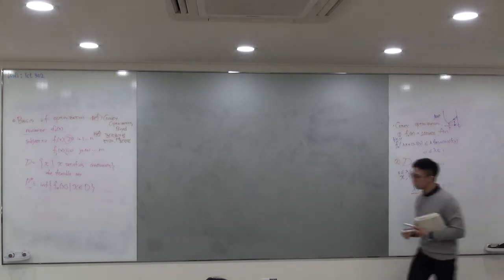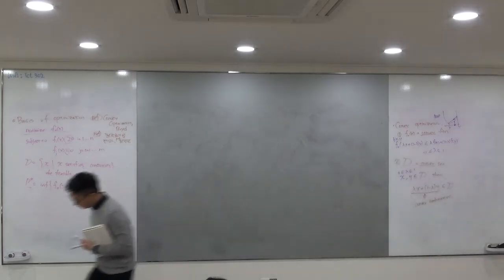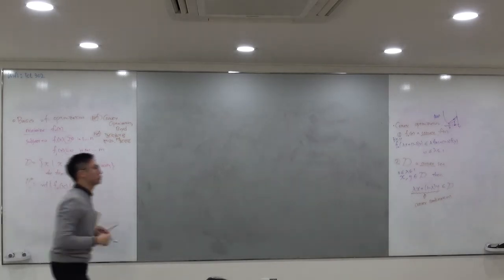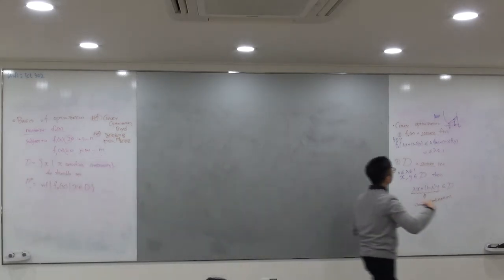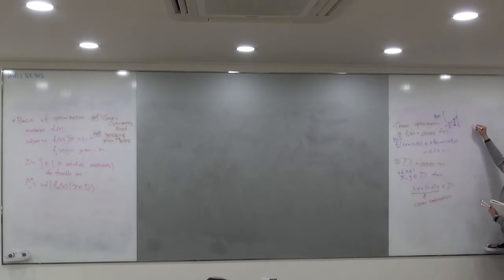Why I am introducing convex optimization is because convex optimization has really good properties. Because, first of all, it has really awesome property that local optimum of convex optimization problem is always same as global optimum.